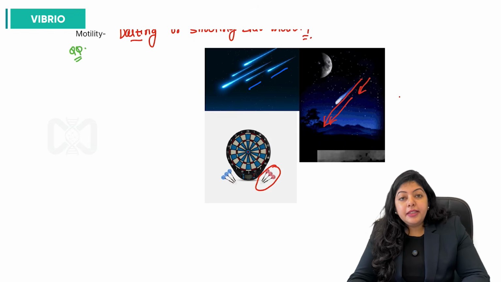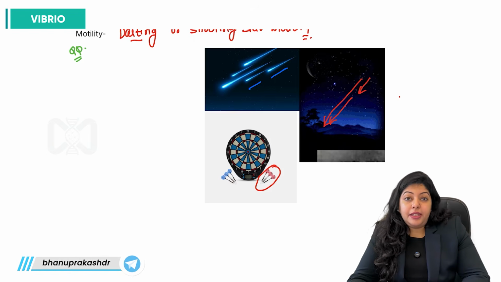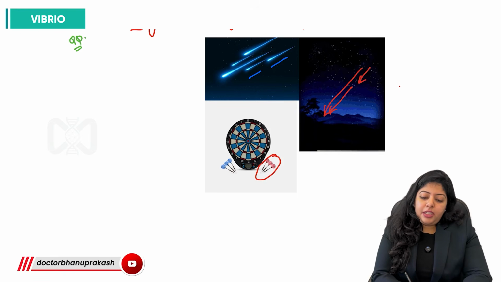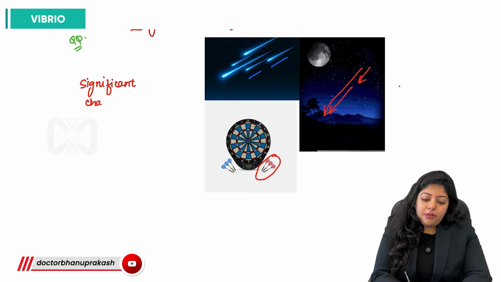That is exactly the case of this particular bacteria, Vibrio. It moves so rapidly that there's going to be a significant change in its position when we observe it under the microscope, and it is very clearly visible under the microscope.